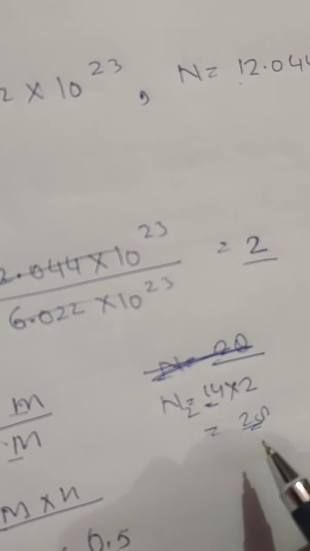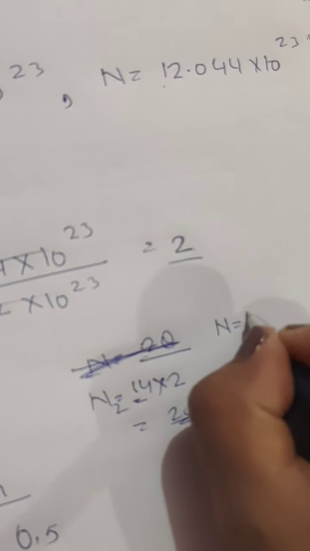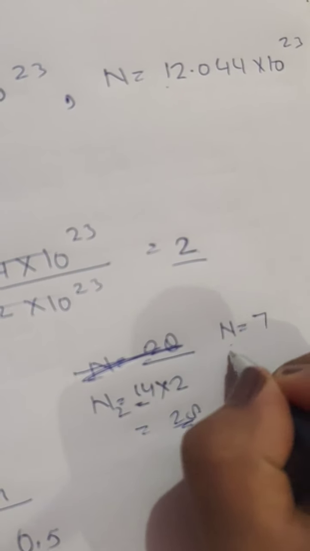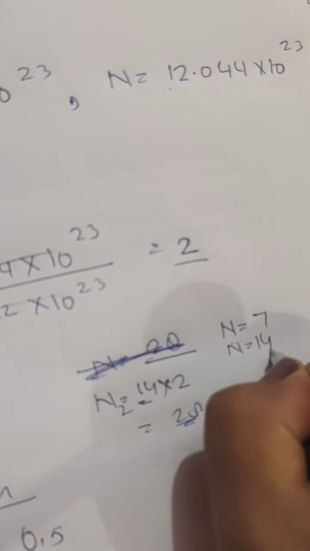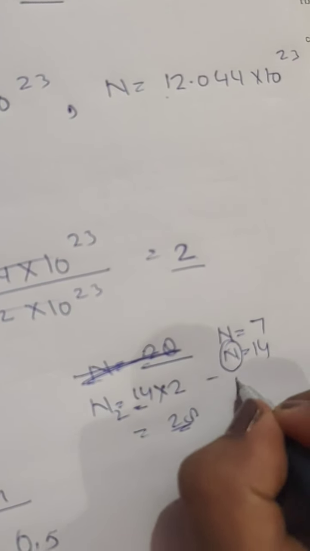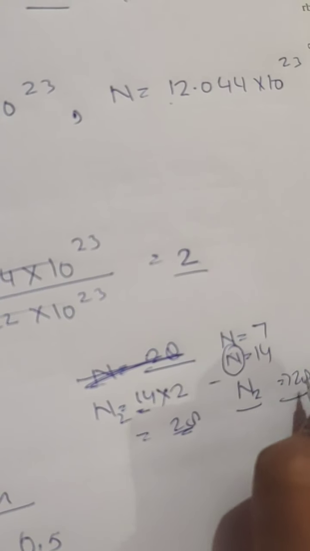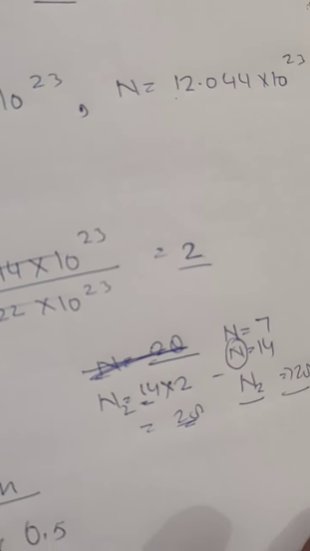I hope you understand why I have done this, because the atomic number of nitrogen is 7, and so atomic mass is 14, but it's of nitrogen only. When we are talking about dinitrogen gas, it has to be 28. It means 14 into 2. Now next question.